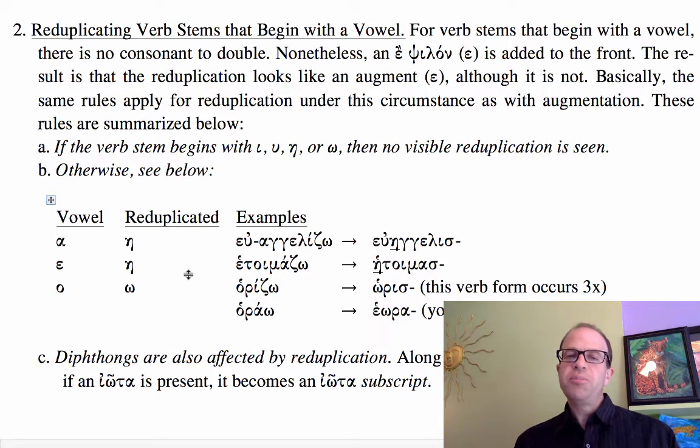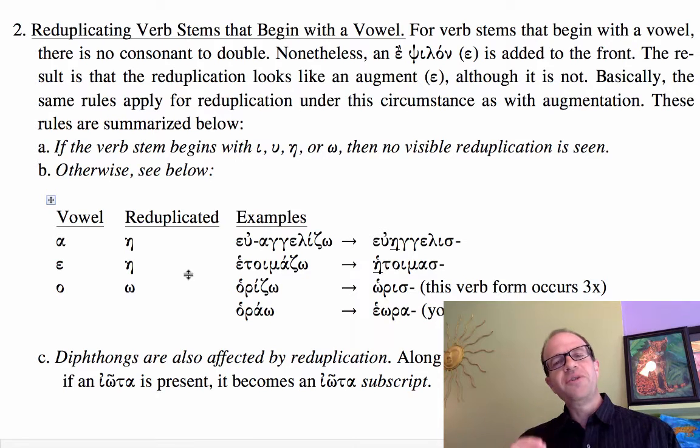Unfortunately, it's not always that simple because verb stems don't always begin with consonants. If the verb stem begins with a vowel or diphthong or monophthong, there's no consonant to double. So what happens is that a simple epsilon is added to the front. Now this epsilon will then look like an augment, but it is not an augment.